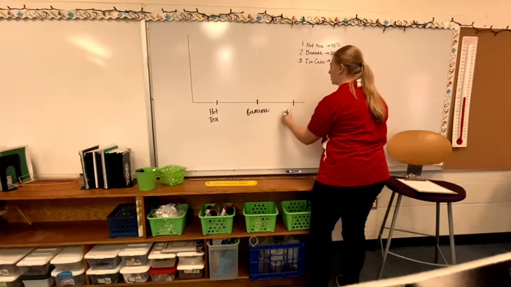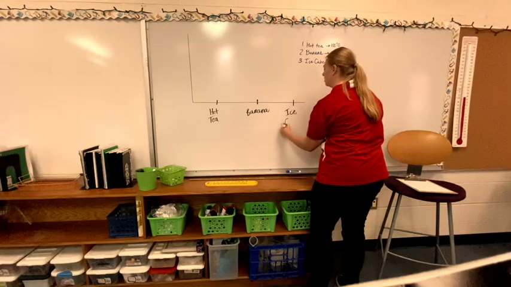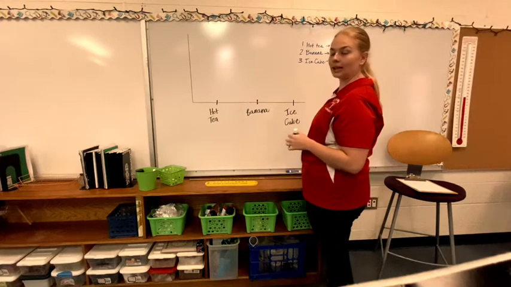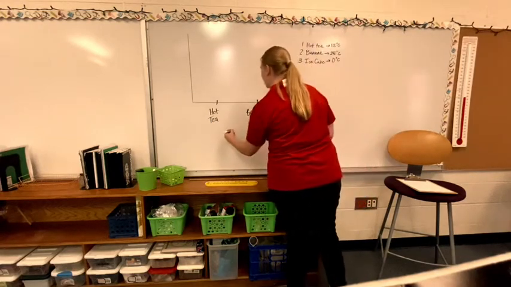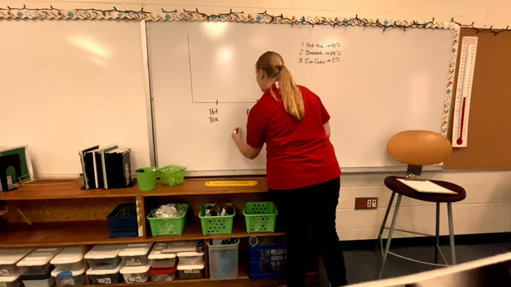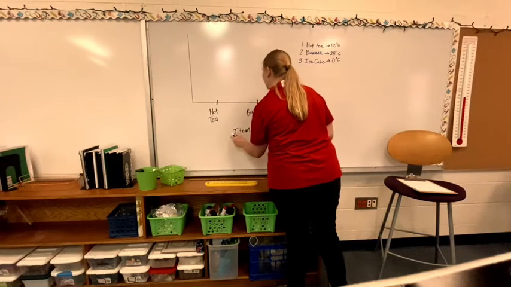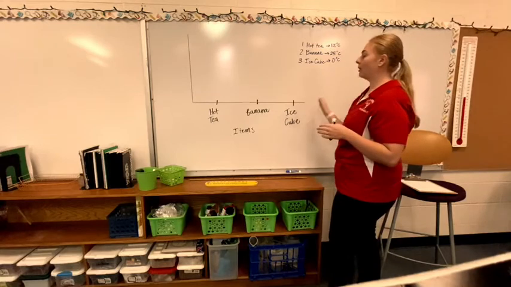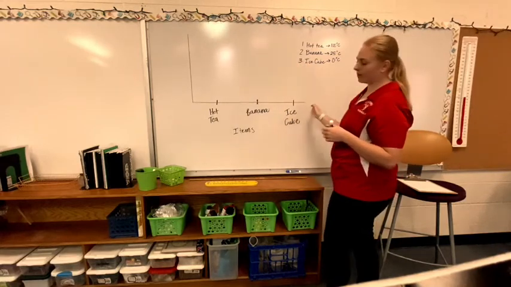And here, we'll do our ice cube. Okay, these 3 things right here are all items. It's important that you label it so you know when you look at your graph what each line means.